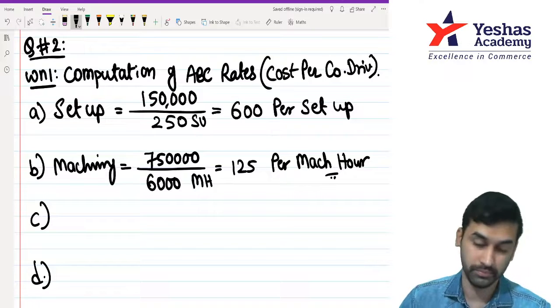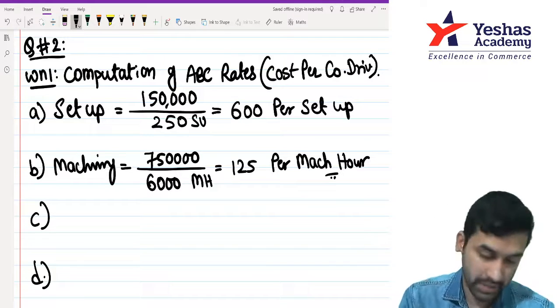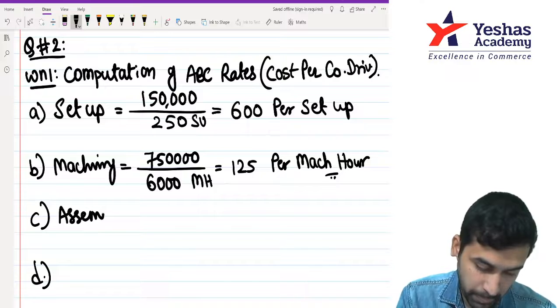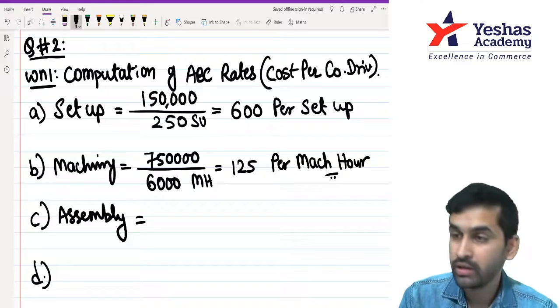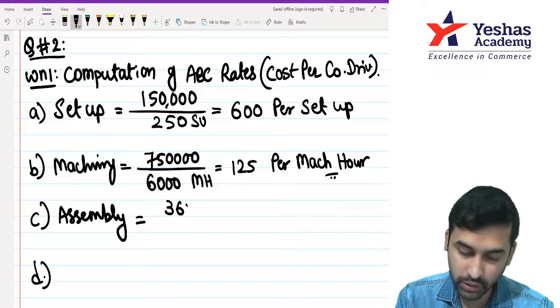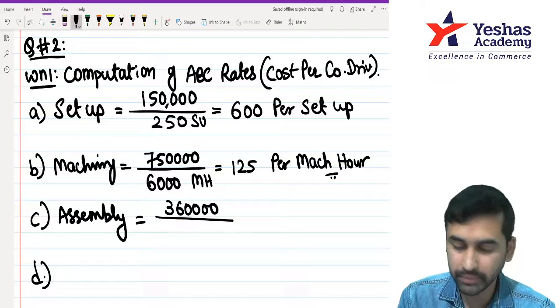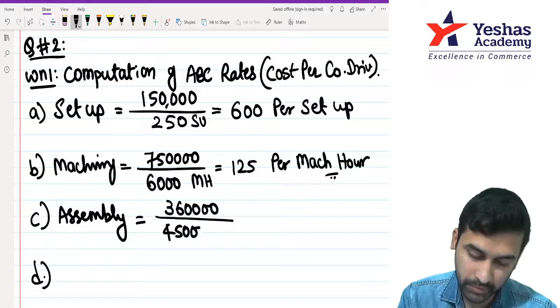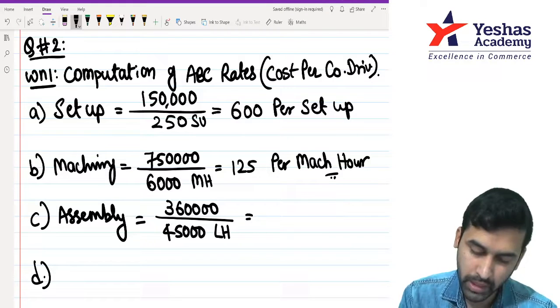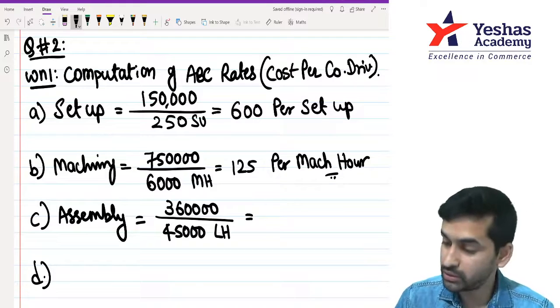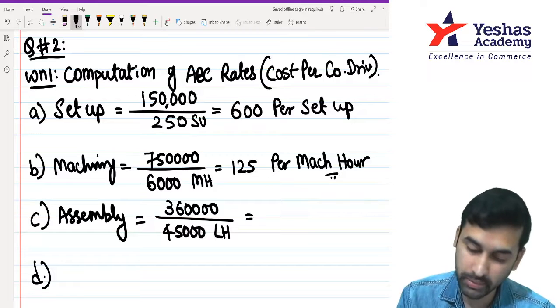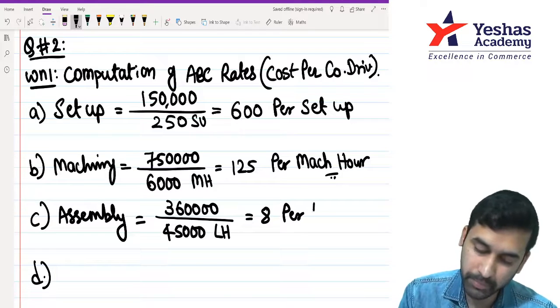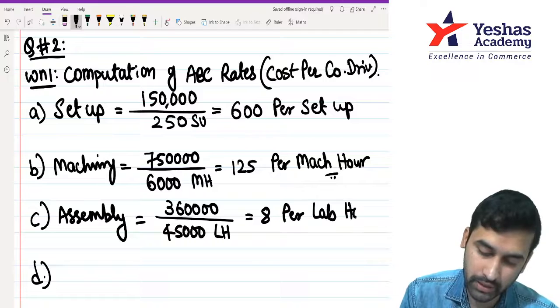Done. Third one, assembly. 3,60,000 rupees to be divided by 45,000 labor hours. 3,60,000 by 45,000 labor hours will be 8 rupees per labor hour.